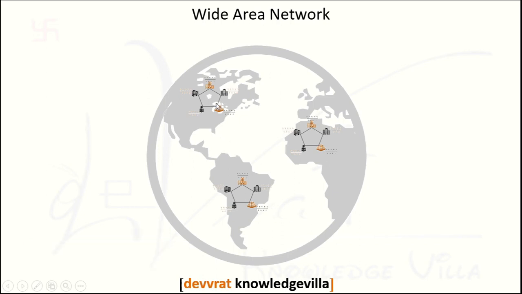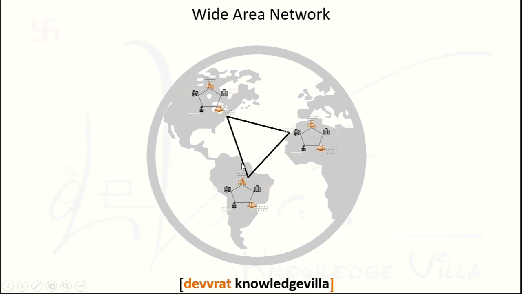Now suppose we want to connect these MANs. We can make connectivity from MAN to MAN, and it will become a wide area network. It will connect more than one city, town, village, or country. Get it? So a very wide range is there to establish communication.